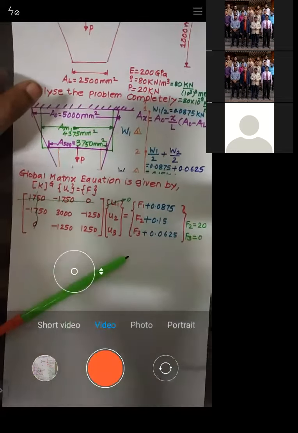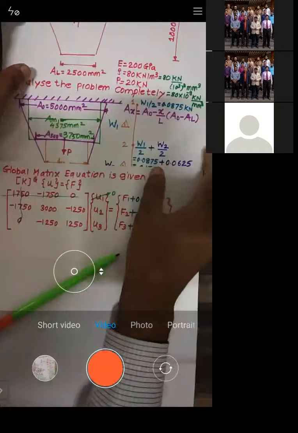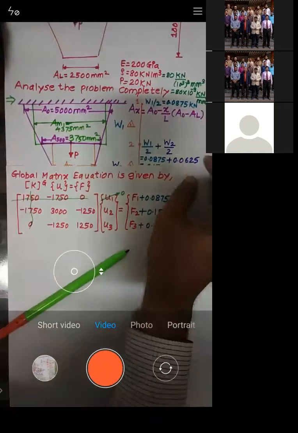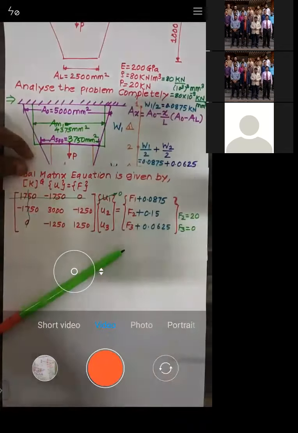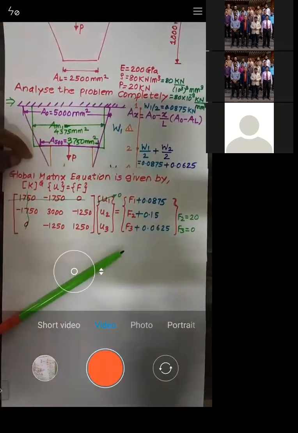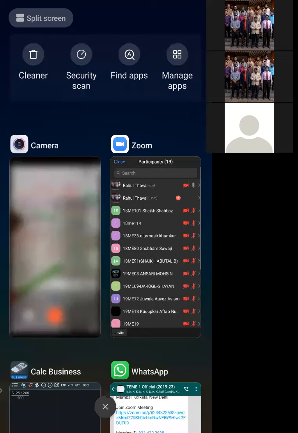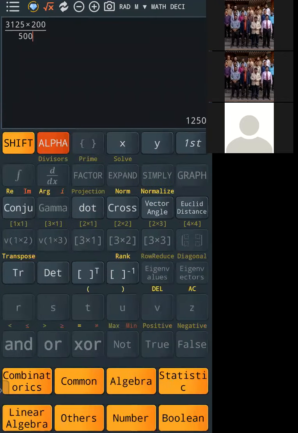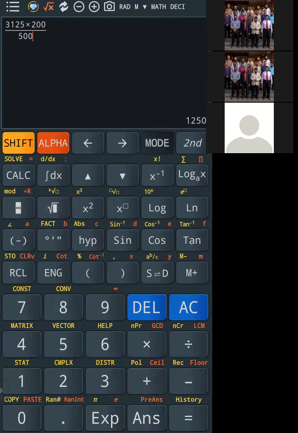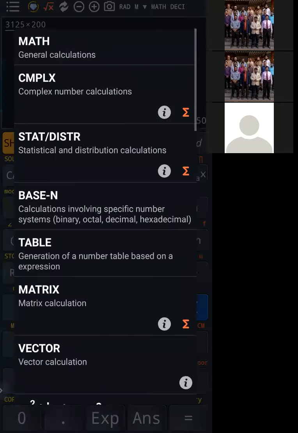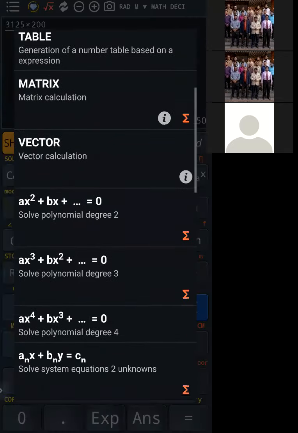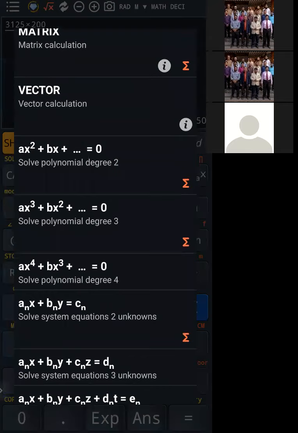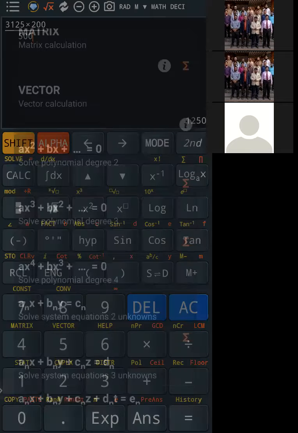You just solve this equation in a calculator and get the answers. For that, we go to mode, then solve system of equations with unknowns.